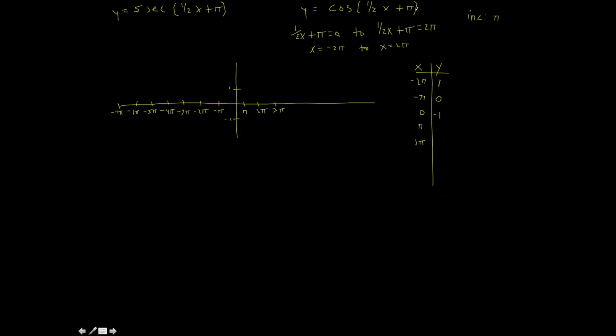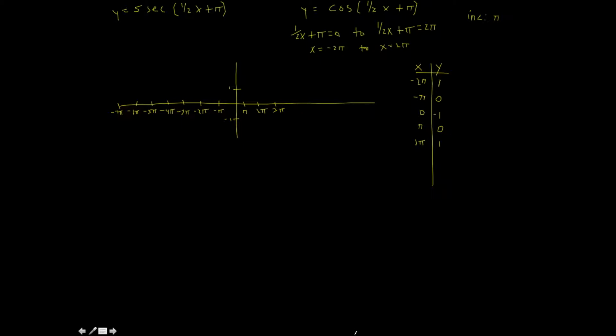That's pi over 2 plus pi, so that's 3 pi over 2. So the cosine of 3 pi over 2 is 0. And 2 pi, so half of 2 pi is 1 pi. 1 pi plus 1 pi is 2 pi. Cosine of 2 pi is going to give you 1. Okay? So this would be for 1 period.